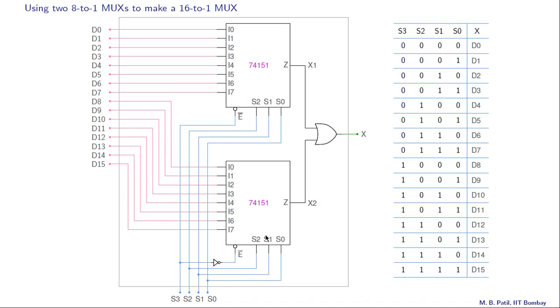So this IC gets 1, 1, 0. 1, 1, 0 is decimal 6, and therefore this line I6 will get connected to Z. What is I6? Let us look at that. I6 is the same as D14. So therefore x2 and also x will be equal to D14, and that is what we would expect. So this whole implementation works as a 16:1 multiplexer.